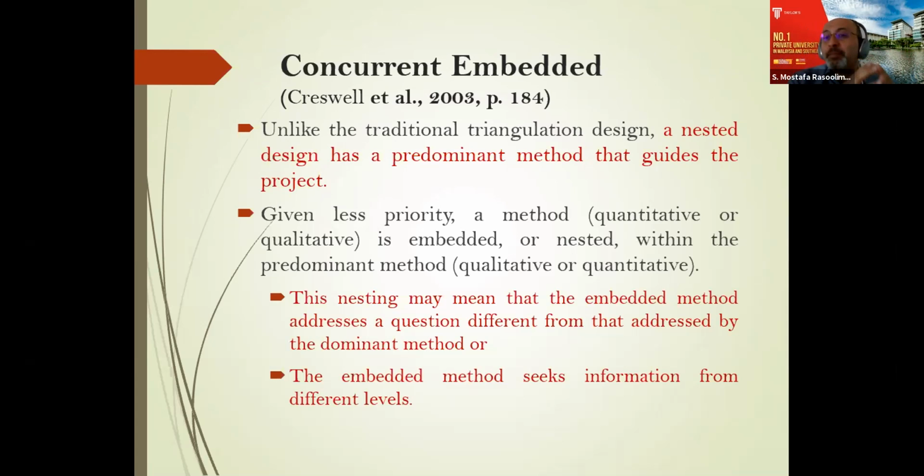So the main method, the dominant method, answers our main research question, but in embedded we have two different research questions. The main method answers the main research question, but we also have another research question with lower priority, and another method answers that research question with lower priority.